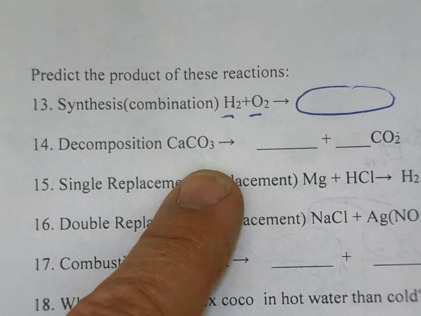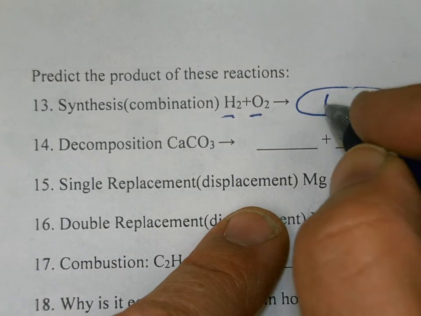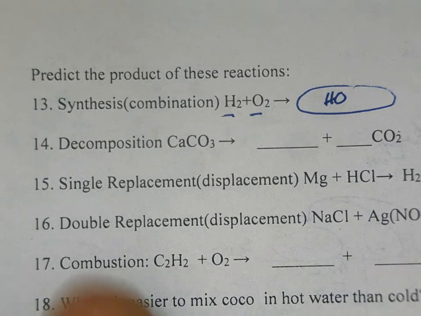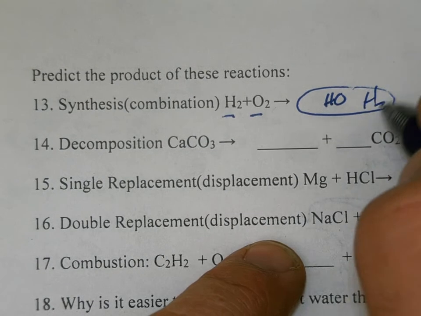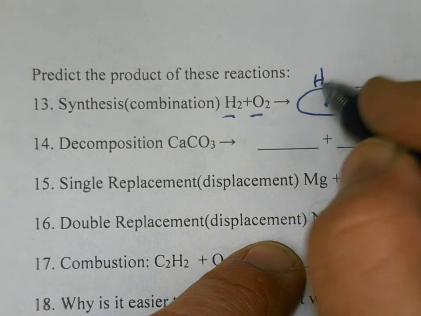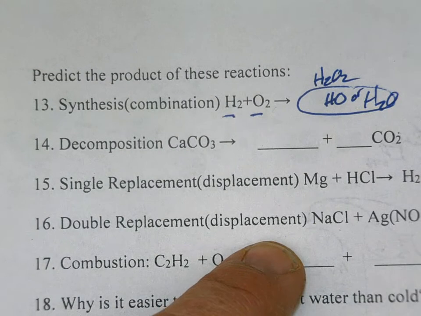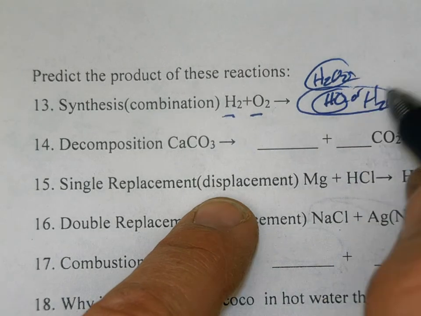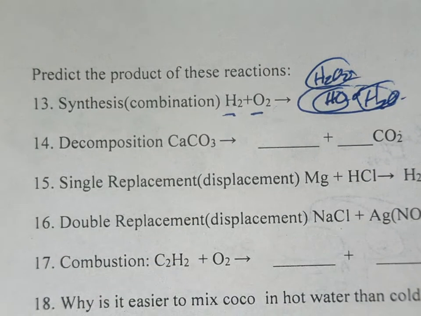The hydrogens and the oxygens have to go. If you said HO, which is hydroxide, that'd work. If you said H2O or H2, okay. Or if you said H2O2, because we've used that, any one of those would be an appropriate answer.